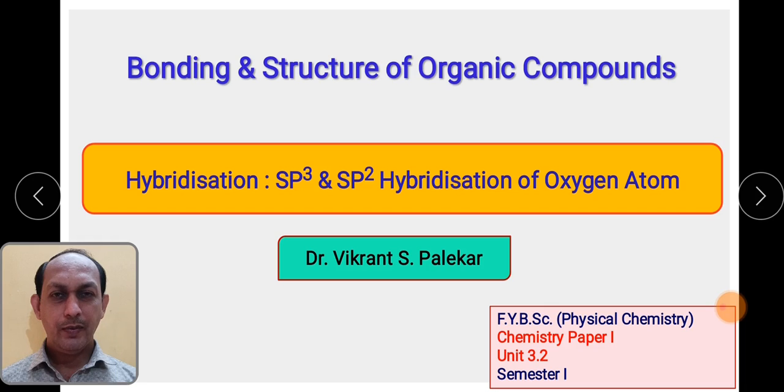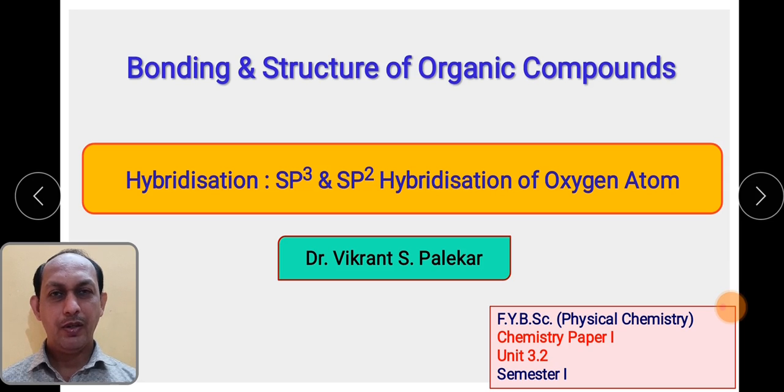So, till now in this topic, we have understood the term hybridization. Hybridization is nothing but the mixing of atomic orbitals to form new hybrid orbitals which have equivalent energy as compared to the original orbitals, and which are oriented in space.